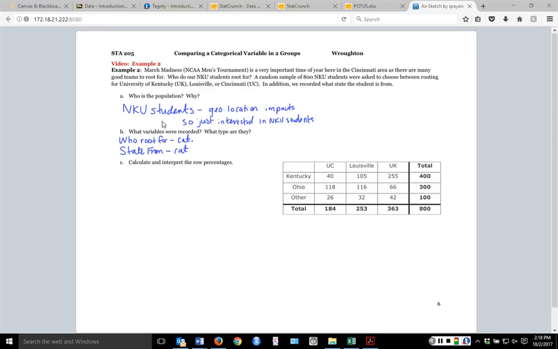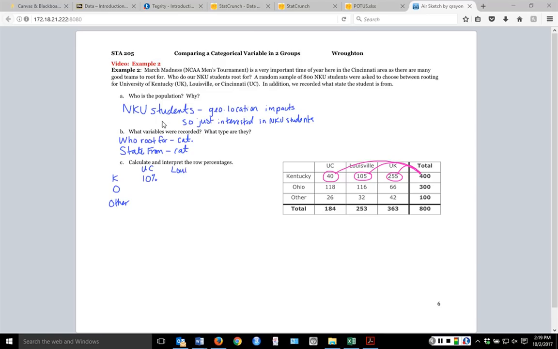Now we're going to calculate and interpret our row percentages. So first, remember, how do I actually get a row percentage? I'm going to take my number, for example, 40, and divide it by its row total. So I'm going to take 40 divided by our 400, and I'll get 10% for that.